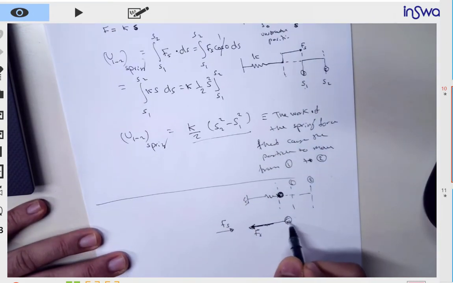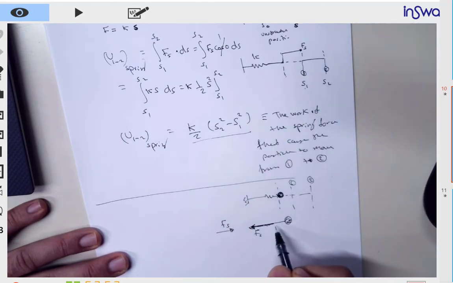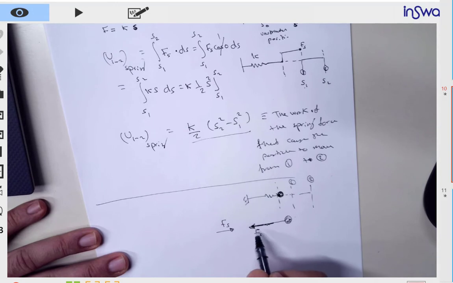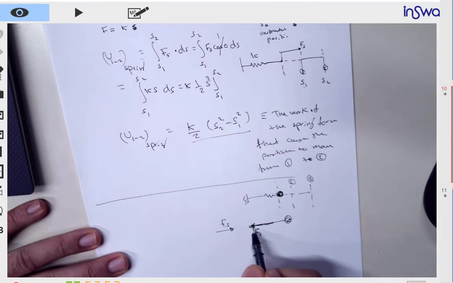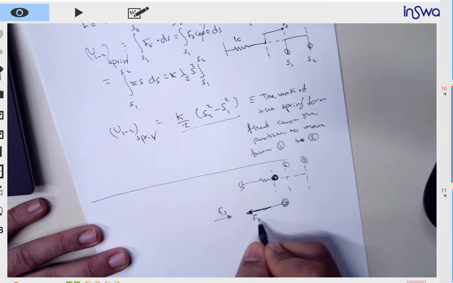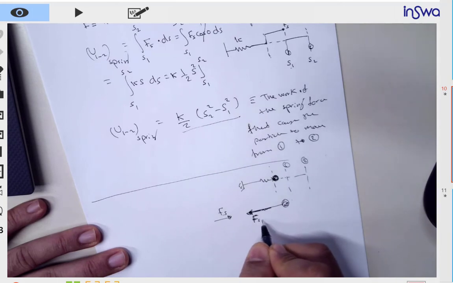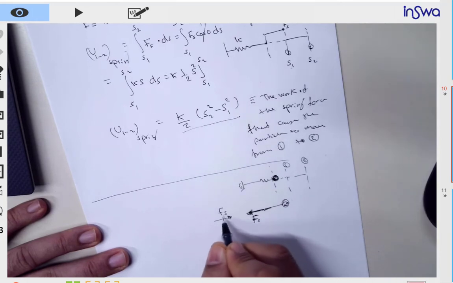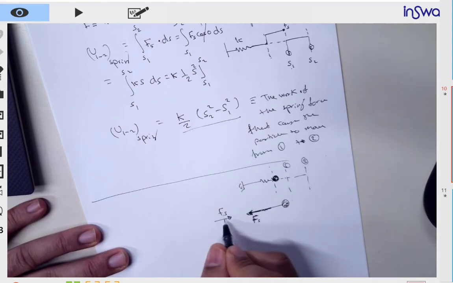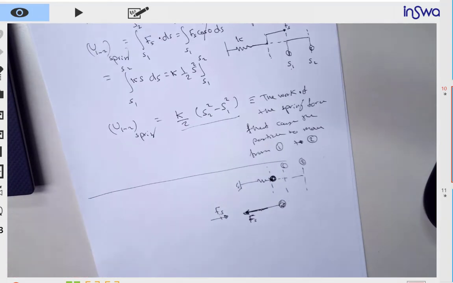If there's a particle attached to it, that spring force is also, because of Newton's third law, equal in magnitude and opposite in direction. So therefore, we have a spring force Fs that is attached to the particle and opposite to the direction of the spring force.